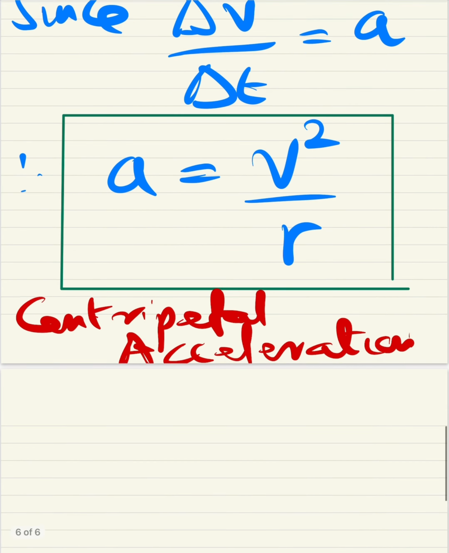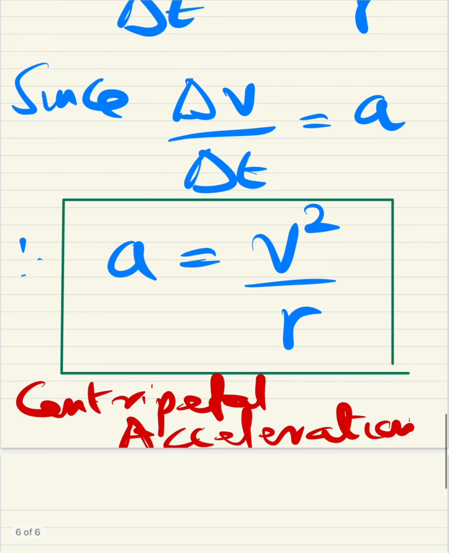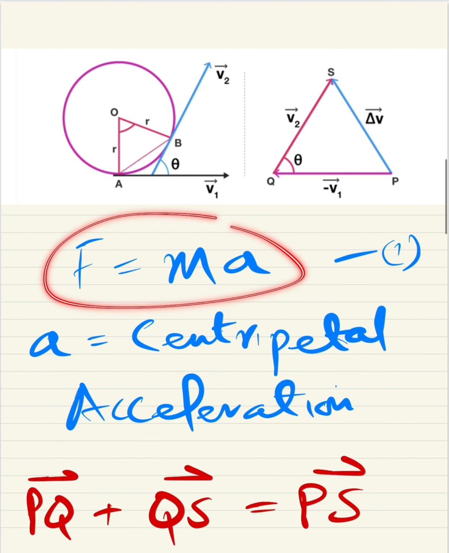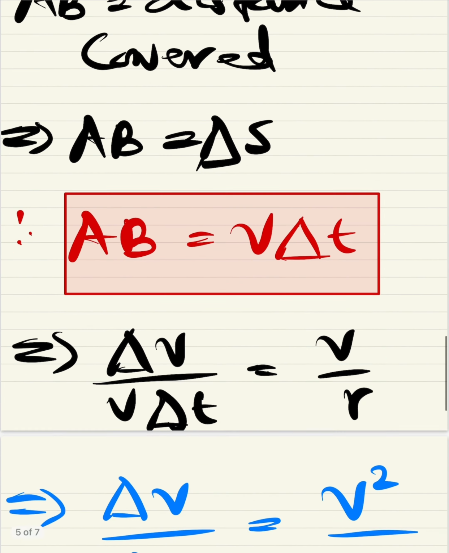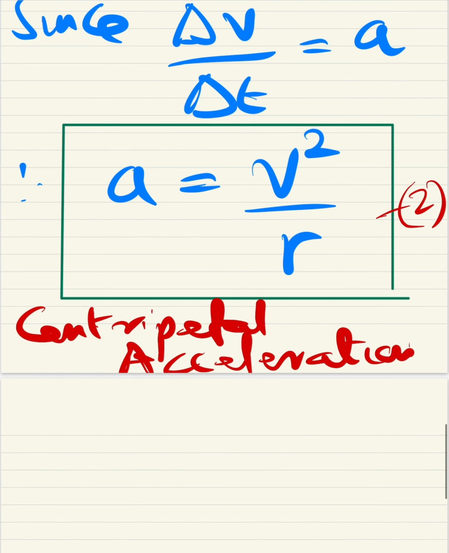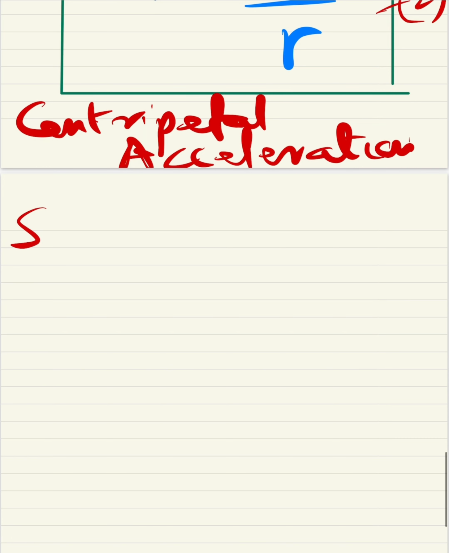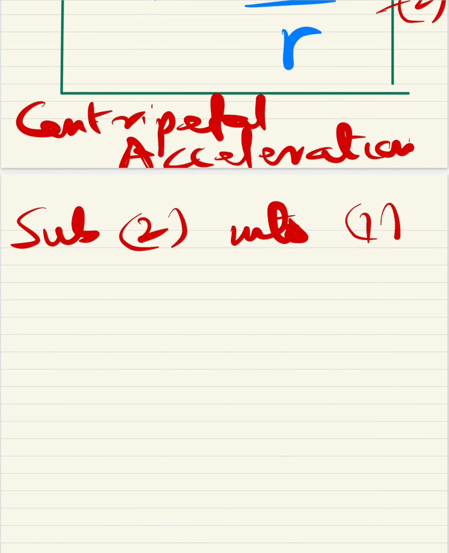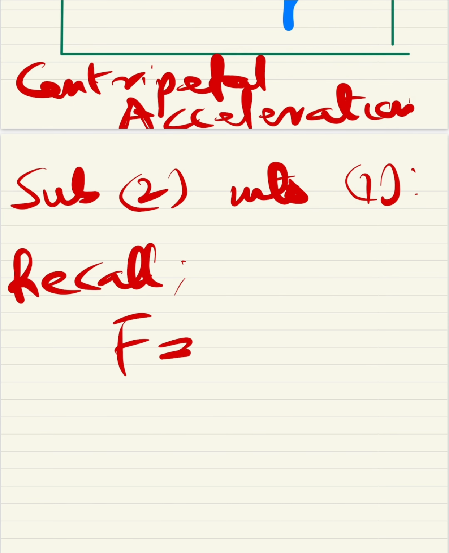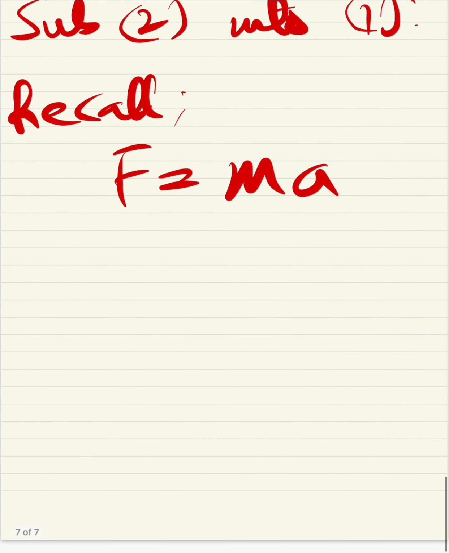Right, so don't forget what I told you from the beginning, that F equals ma, which we all know. If you check from the beginning, F equals ma is equation 1, and you can make this equation 2. So if you substitute 2 into 1, you will call that F is equal to ma.